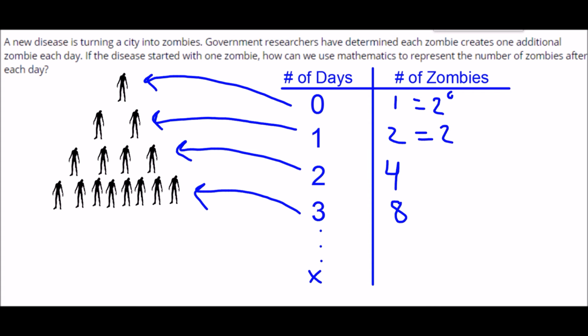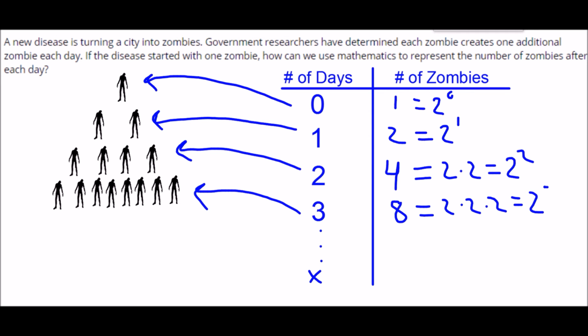And 4 is the same thing as 2 times 2, which can be written as 2 to the 2nd power, and 8 can be written as 2 times 2 times 2, which gives us 2 to the 3rd power.